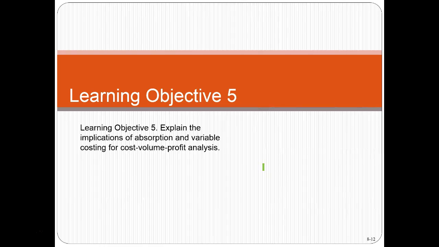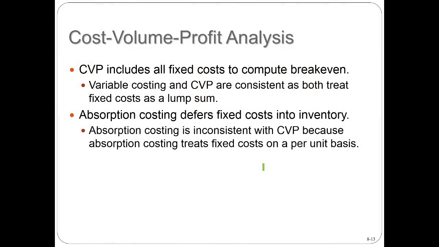Then we're going to explain the implication of absorption and variable costing for cost volume profit analysis. Basically, one of the reasons we would use variable costing is for cost volume profit analysis. It has to do with the differences between the behavior of fixed costs versus variable costs as production goes up.